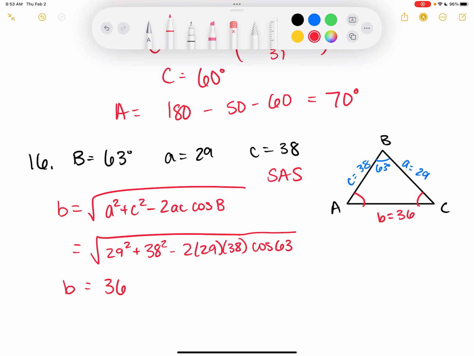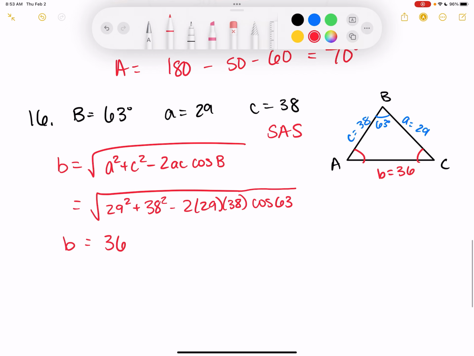So I would still say, just to get in the habit, that ends up being the middle side, and it should be what the middle angle is. So I would do A next because it should be the smallest one. At this point it should be fine, but just to stay in the habit, do the smallest one first.